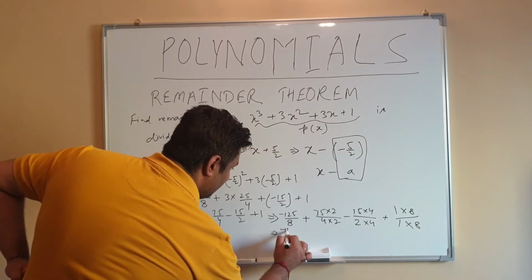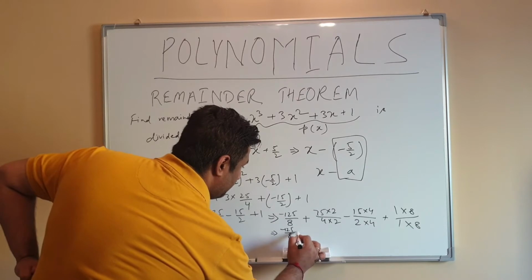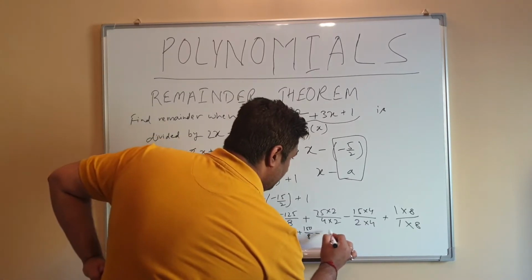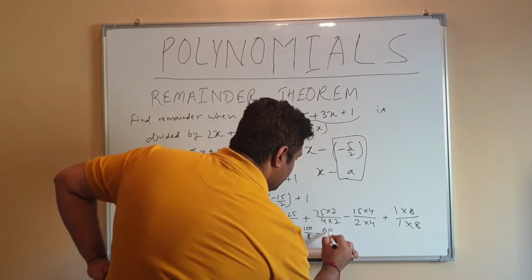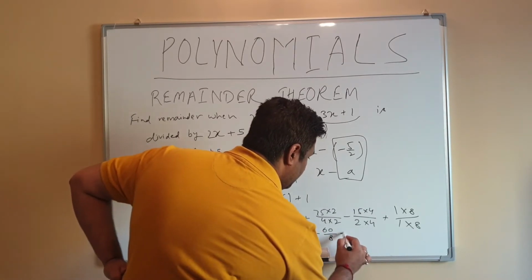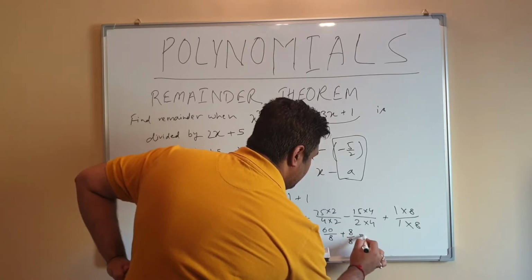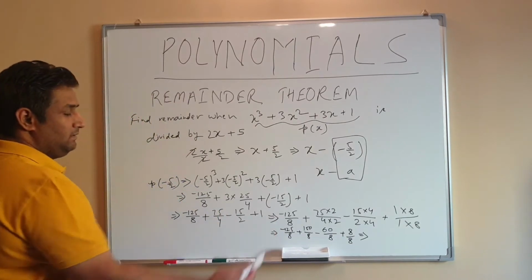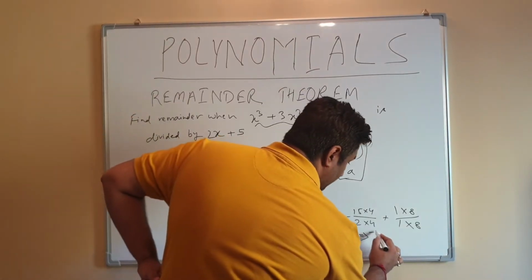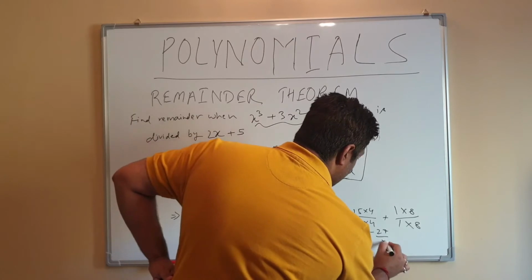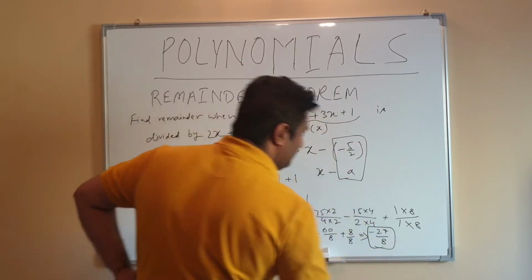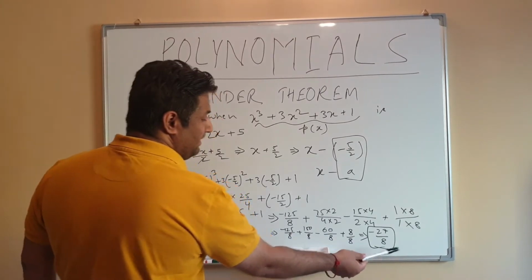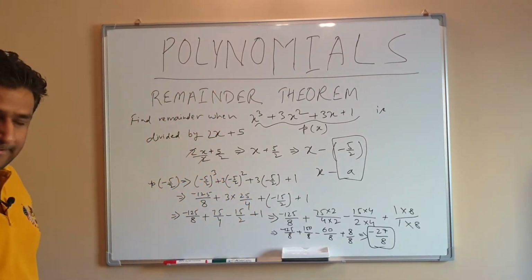So we will get negative 125 by 8 plus 150 by 8 minus 60 by 8 and plus 8 over 8. Now we'll just do the math, and after doing the math we get minus 27 over 8. So this is going to be the remainder in that case. The remainder we'll get is minus 27 by 8, right?